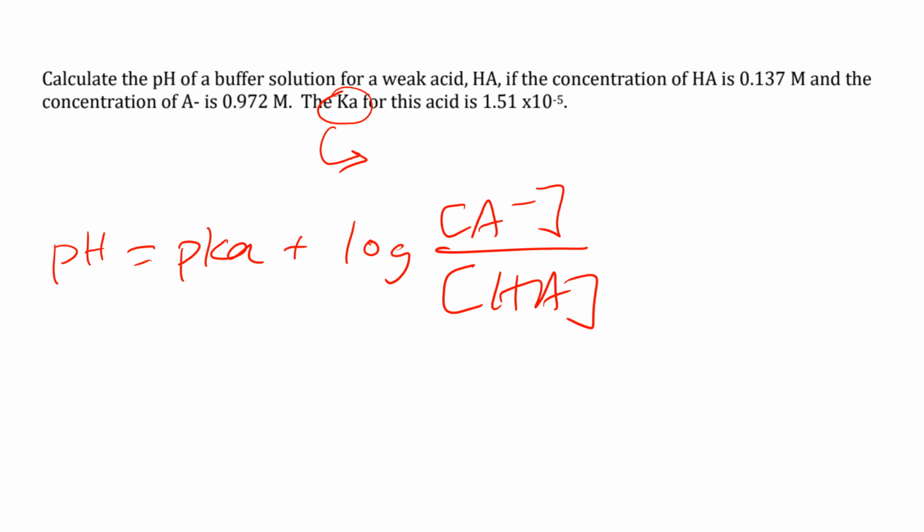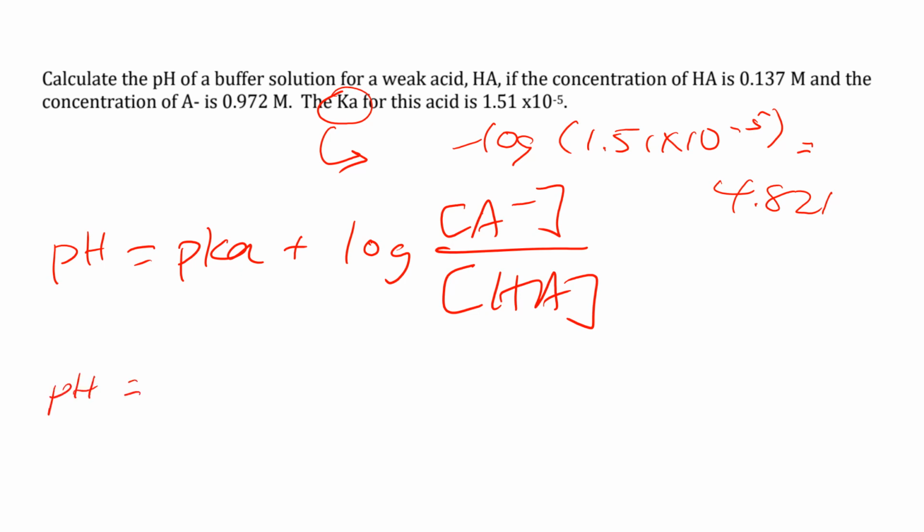To get the pKa, it is the negative log of the Ka, 3 sig figs, that will give me a pKa, I apologize, of 4.821. So I'm going to plug that into my equation to solve for the pH.